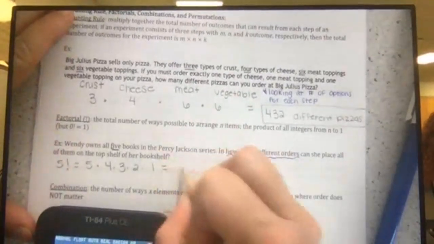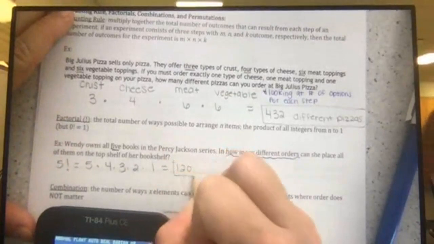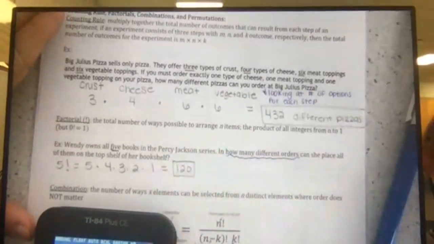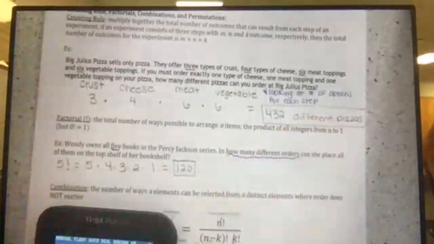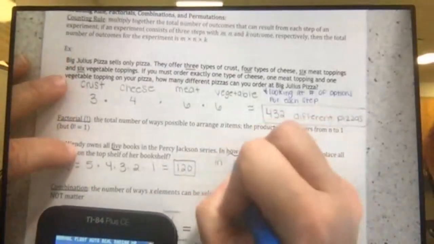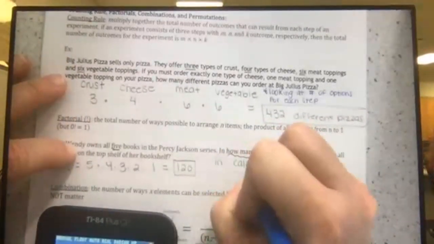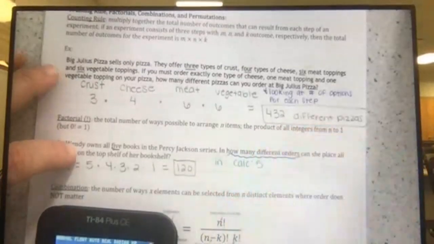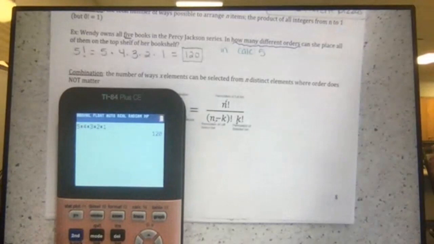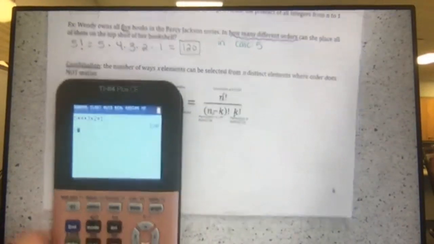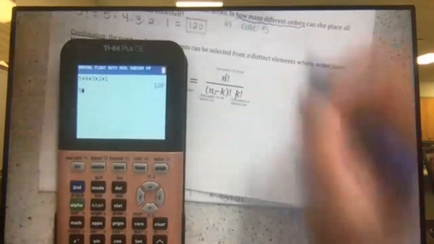In our calculator, let me show you how to do it because it's a lot easier. First type in the number, so first type in 5. Then we're going to hit our math button, which is right here.